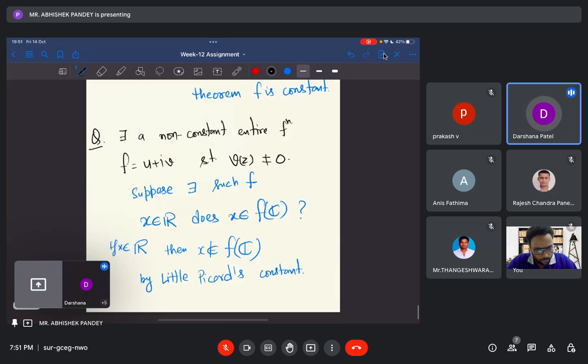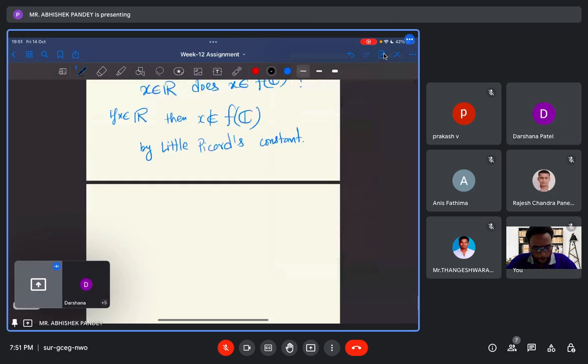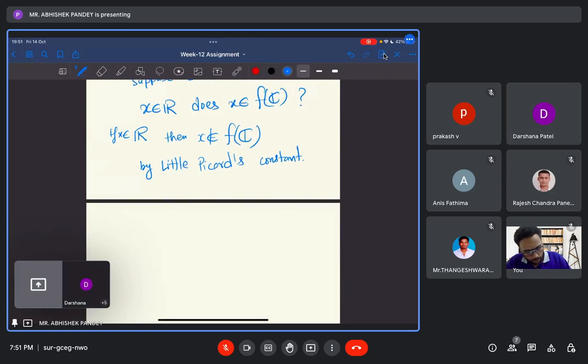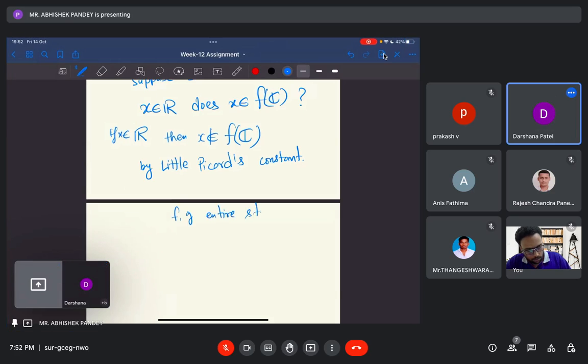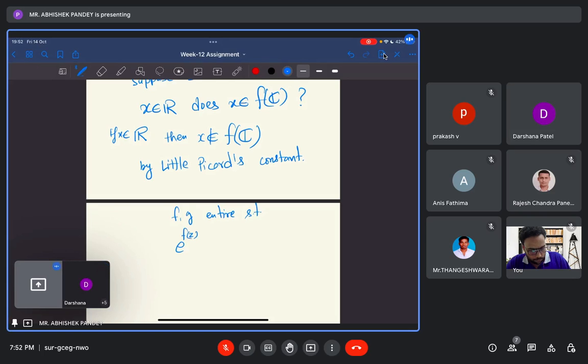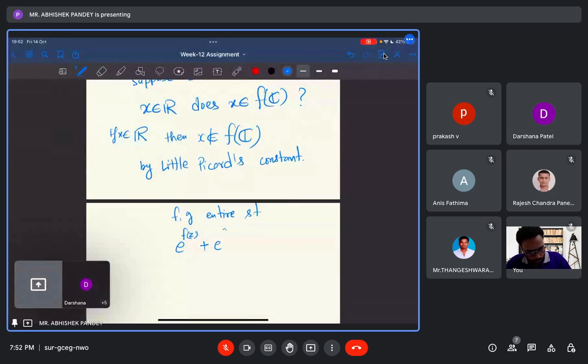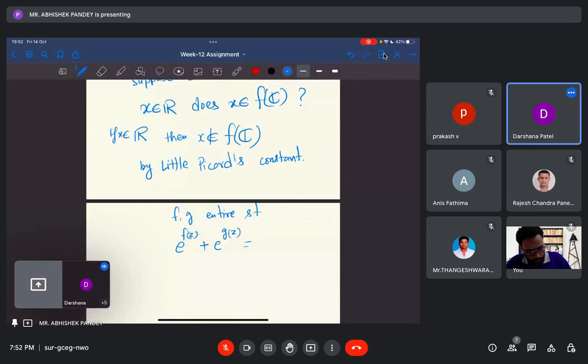Yes sir. f and g are entire functions such that e raised to f(z) plus e raised to g(z) equal to 1. Then f and g are constant functions.